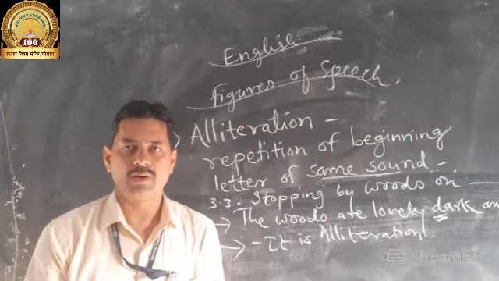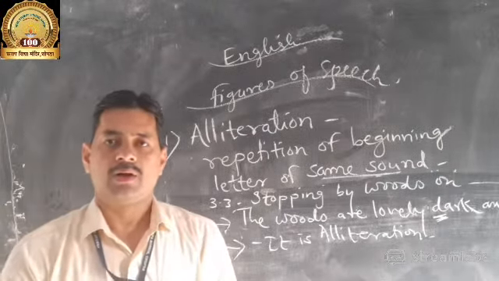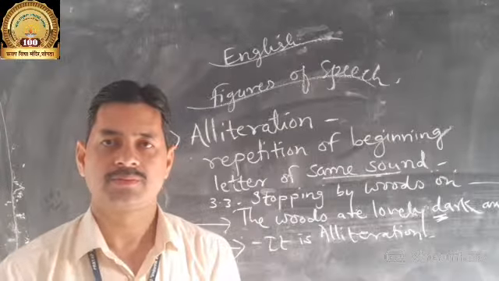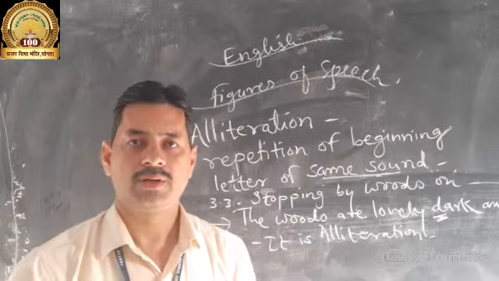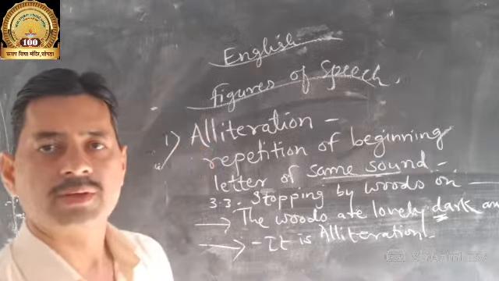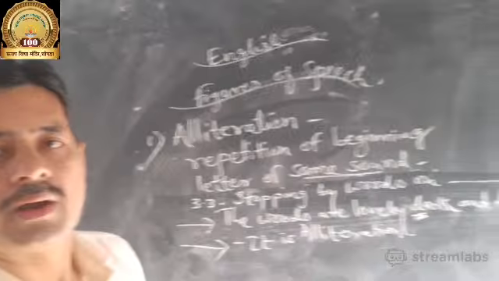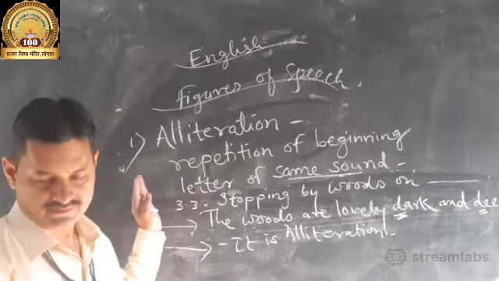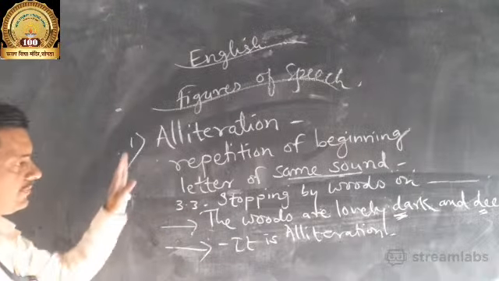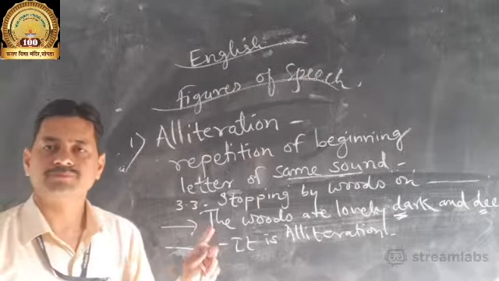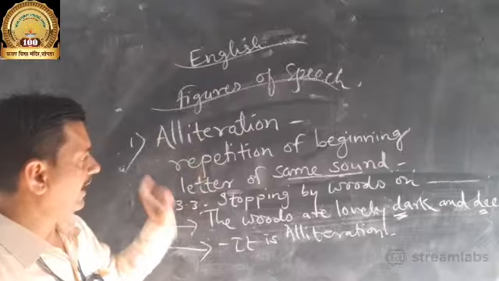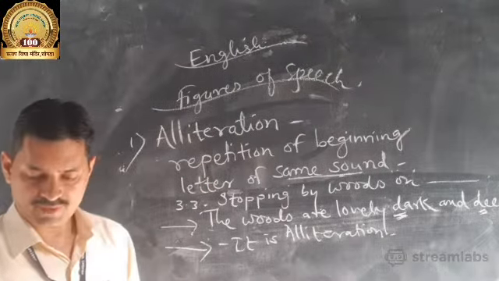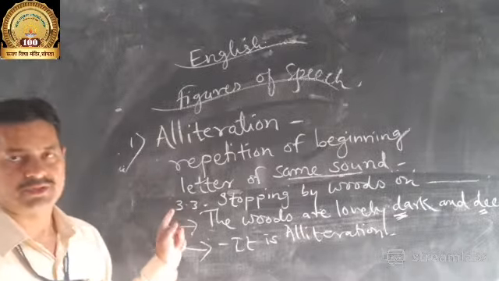So I hope, see there. Okay, I will try to write down here in this line. So it is clear for all of you how to identify alliteration figure of speech. And of course, friends, in every poem we can see the alliteration figure of speech.